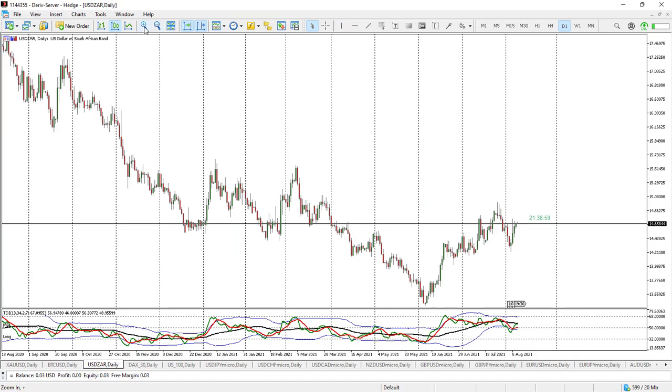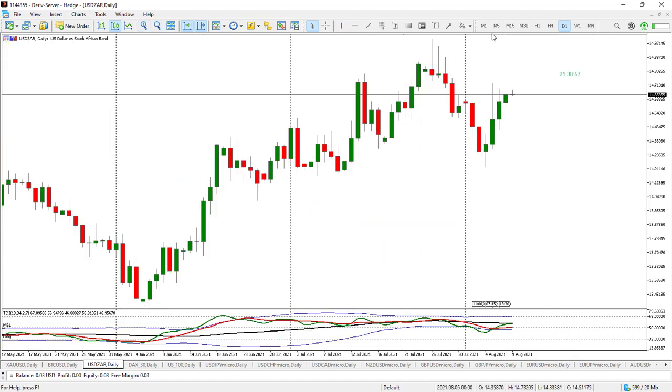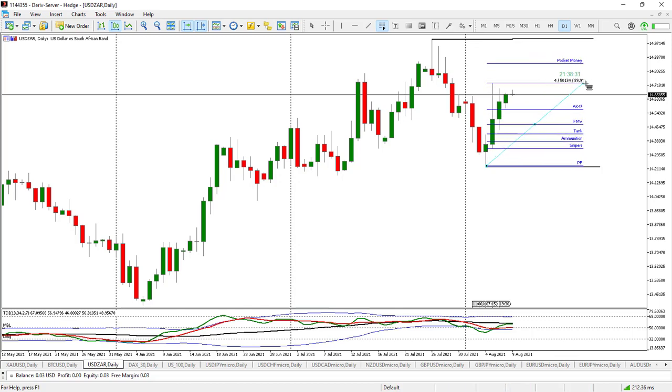USD ZAR, the South African rand, we have this high that the market is now targeting to take out, and then we have this latest low that was created previous week, and then what I'll be expecting to see from this market is this, guys.